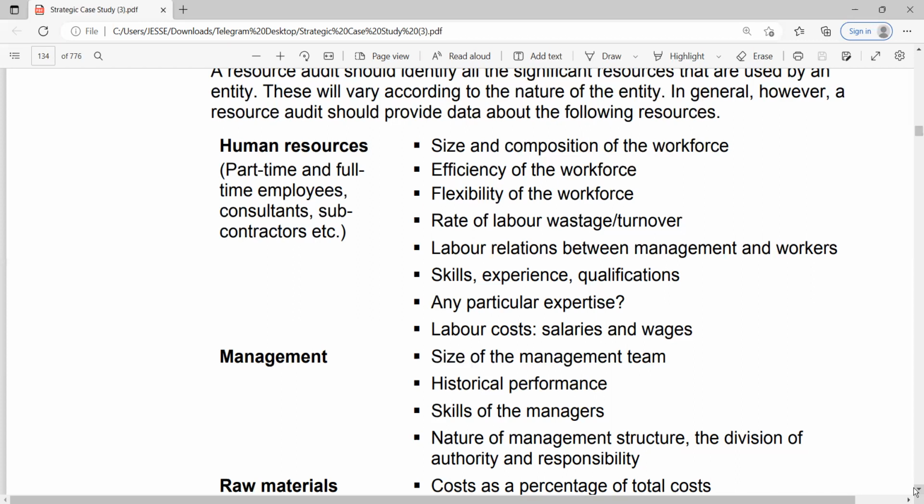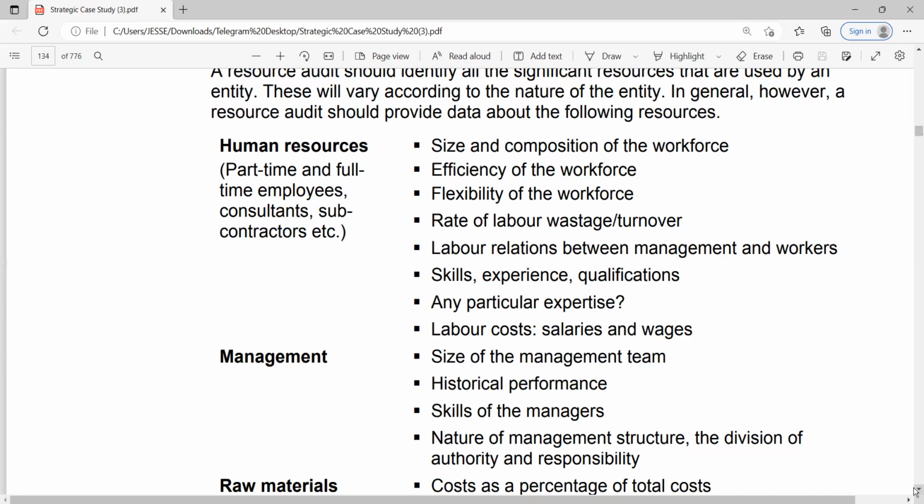You can also look at it in terms of the flexibility of the workforce. The rate of labor turnover or labor wastage.